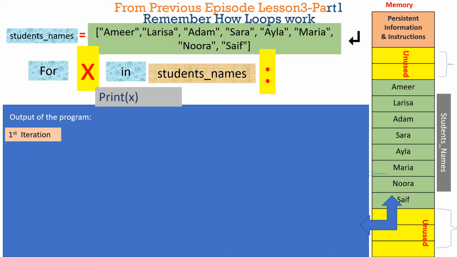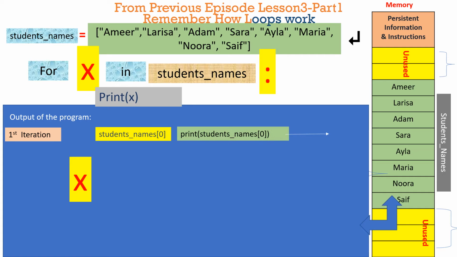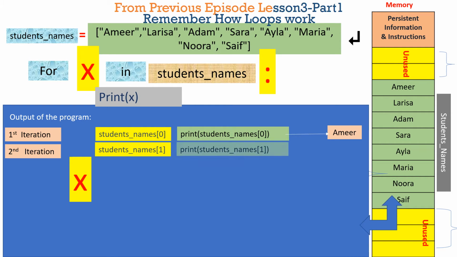The first iteration, X will be students_names of 0. The statement of the loop body will be print of students_names of 0. The value will be retrieved as Amir. The second iteration, X will be students_names of 1. Print students_names of 1.